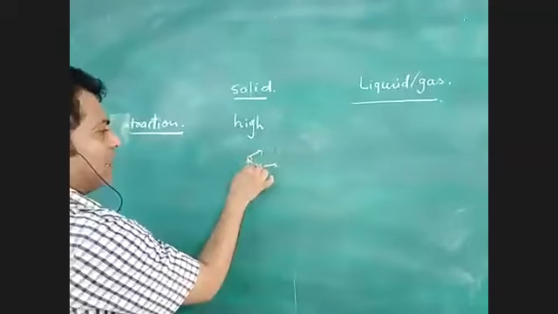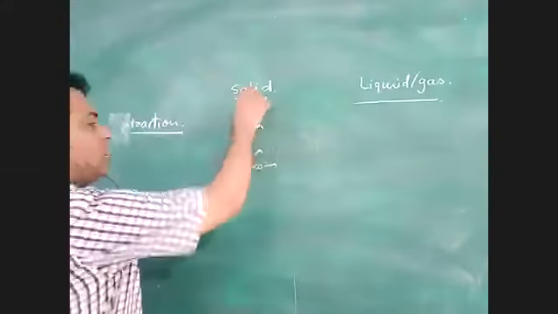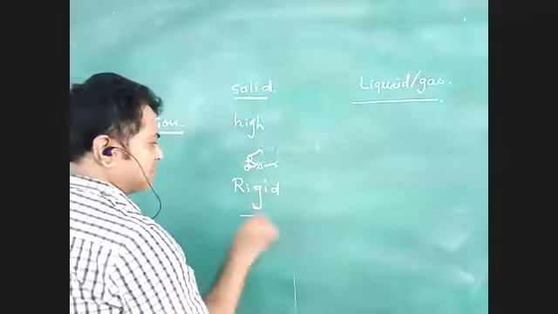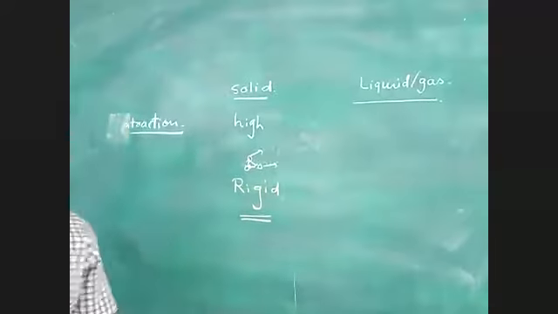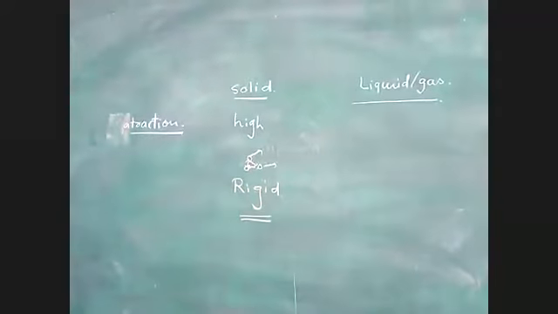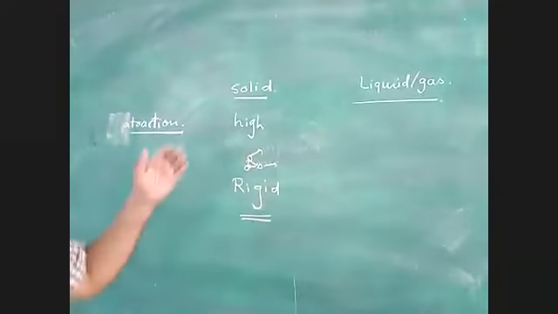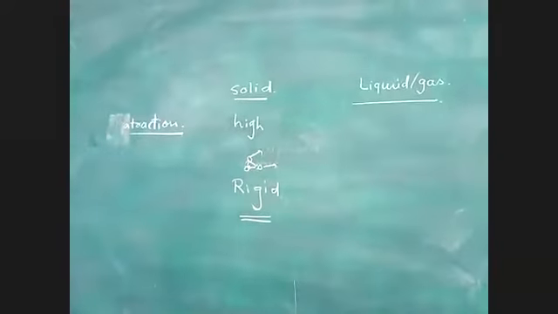It will not allow the molecules to go away, and that's why a solid substance always becomes rigid. Hope that you understand why a solid substance is rigid.